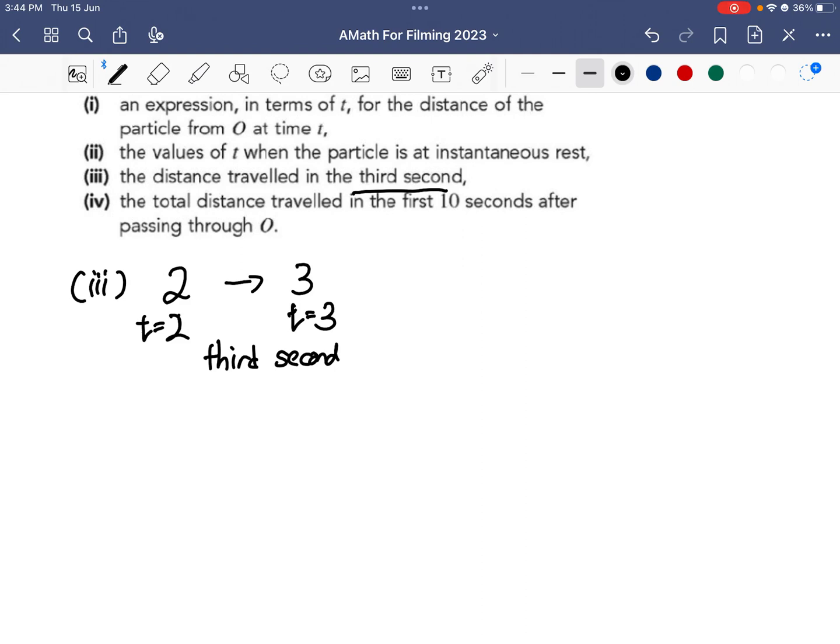So basically, what I'm trying to find is the displacement of the particle at t equals 2, and the displacement of the particle at t equals 3, and then I see what the distance actually is.